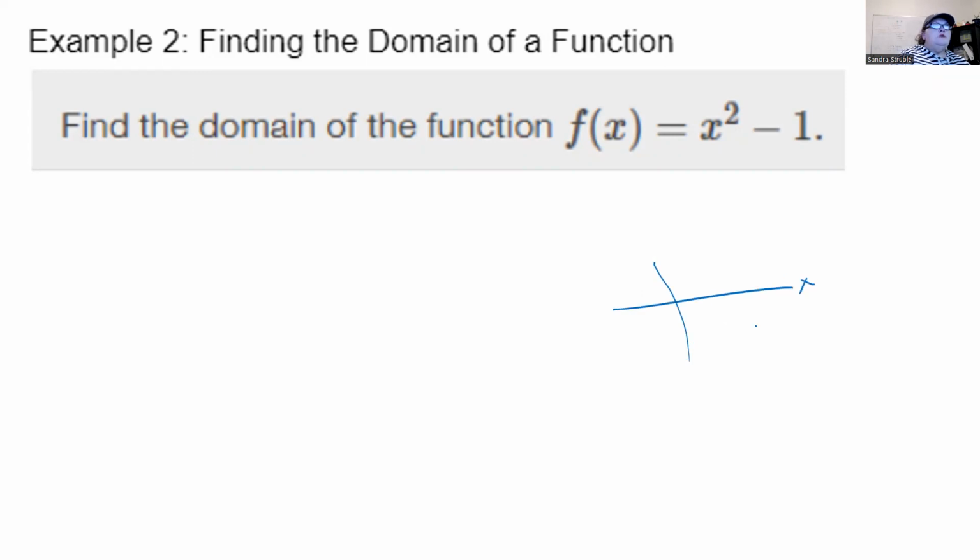And this function here is just a parabola going up. Sorry, it's not a pretty parabola like it should be. I have not been drinking. But it comes down here to 1 and it just goes up. And so there's nothing hindering it from choosing any point along the x-axis to be utilized.